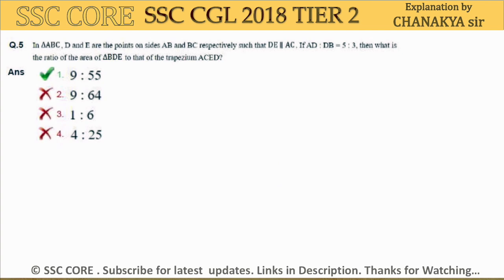Question number 5. In triangle ABC, D and E are points on sides AB, BC respectively, such that DE is parallel to AC. If AD is to DB is equal to 5 is to 3, then what is the ratio of the area of triangle BDE to that of trapezium ACED? See, there is a triangle ABC, and D and E are points on sides AB, BC such that DE is parallel to AC.